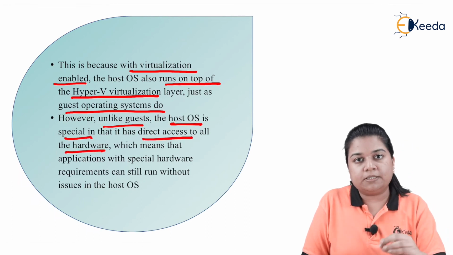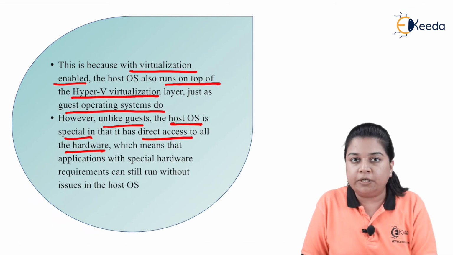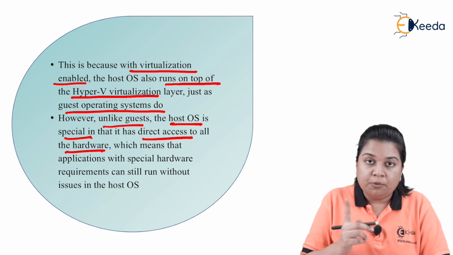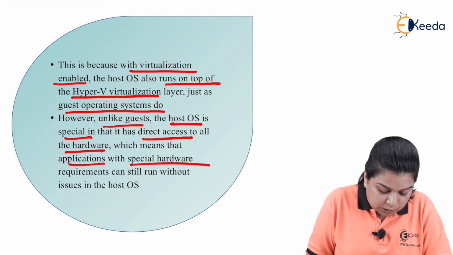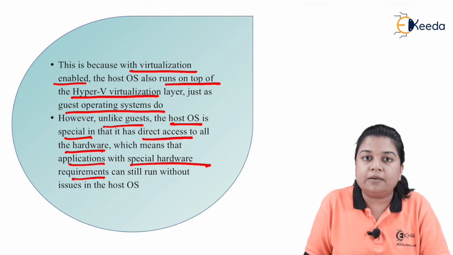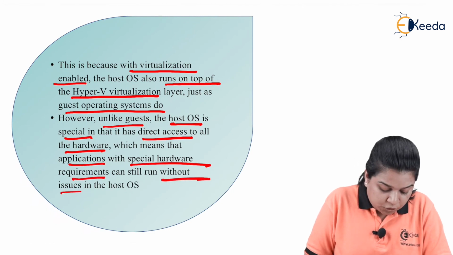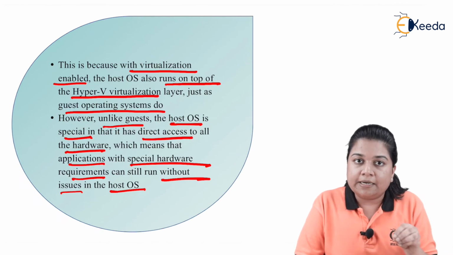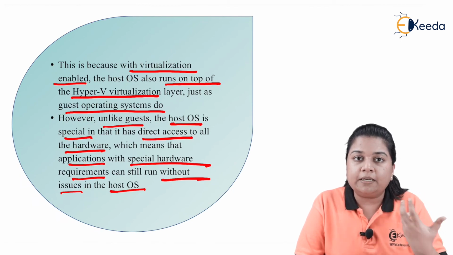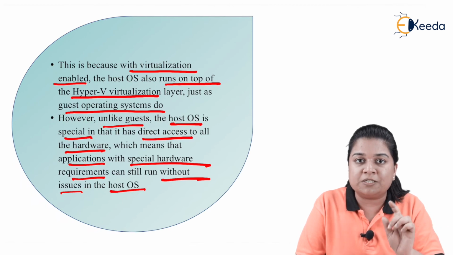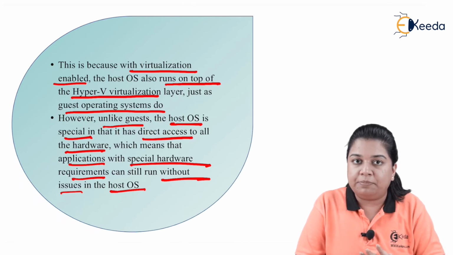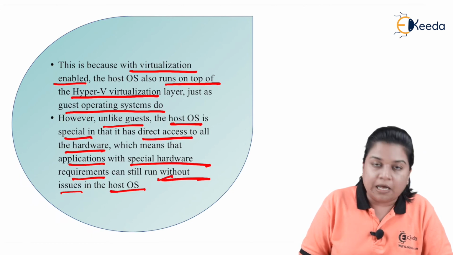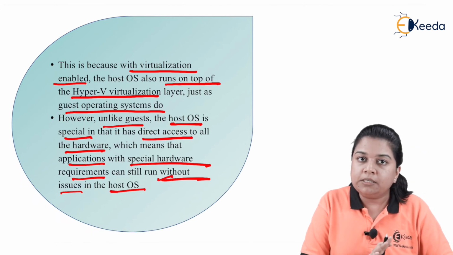Since the host operating system is running on the host machine, it has direct access to all the hardware, which means that applications with special hardware requirements can still run without issues in the host operating system. See, since it has direct access to the hardware, it can get any of the hardware requirements for any specific task to be performed by the application. Thus, it can run without any issue on the host operating system.